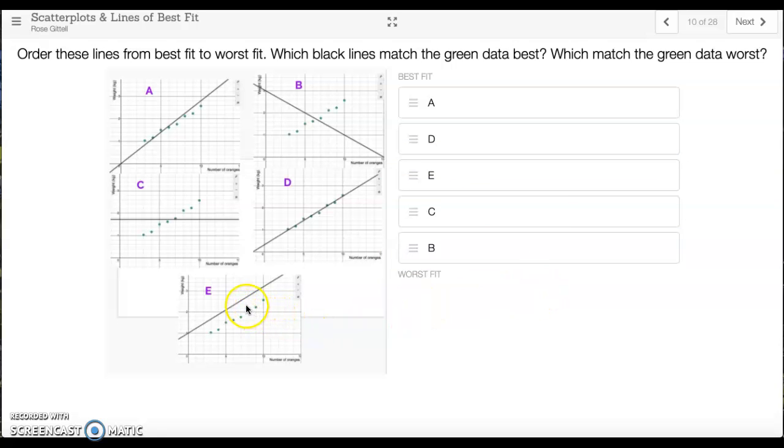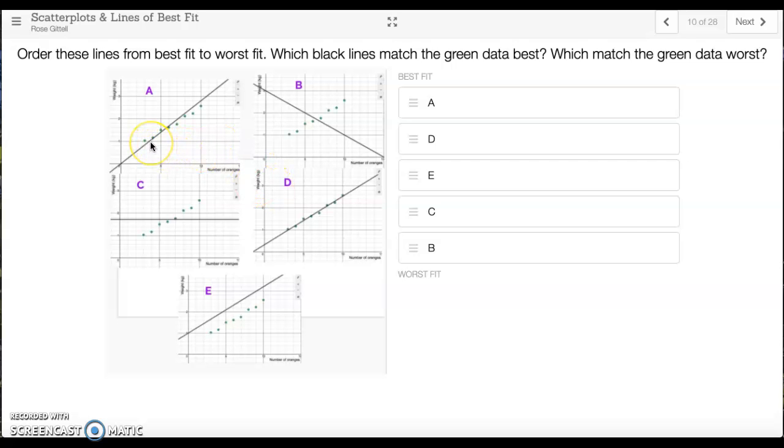E is a little better, but it's still not touching any of the scatter points. It's still not touching any of the green points. It's separate, so I'm going to leave it towards the bottom of the list. And then I'm left with A and D, which both look much better.